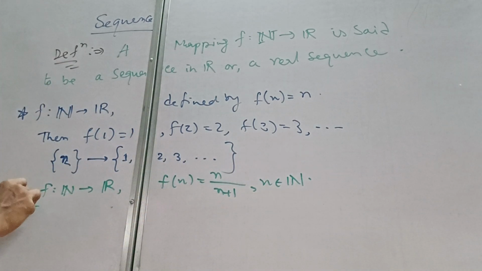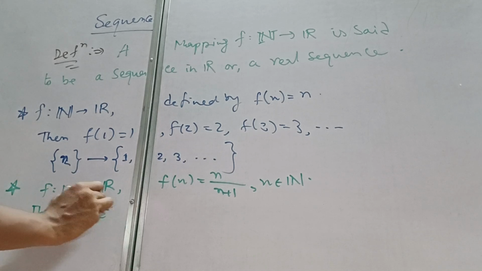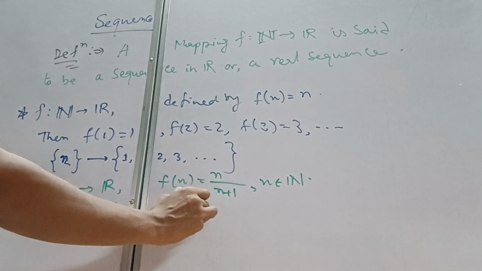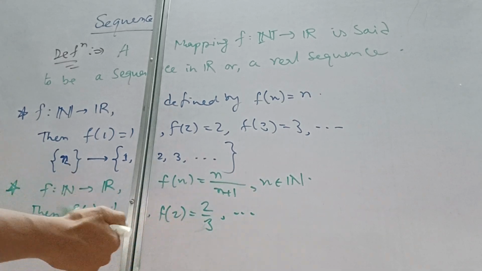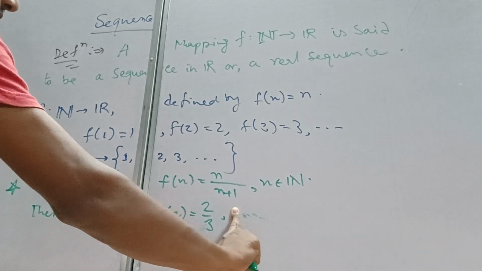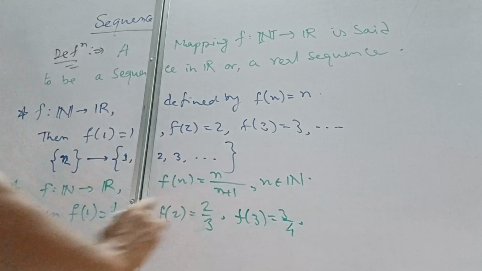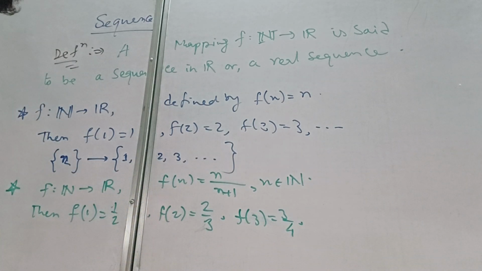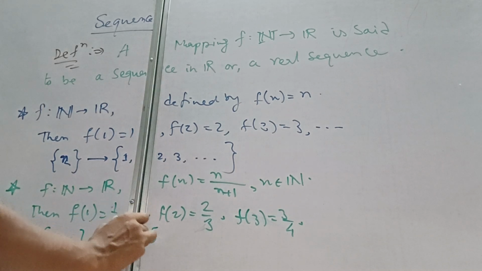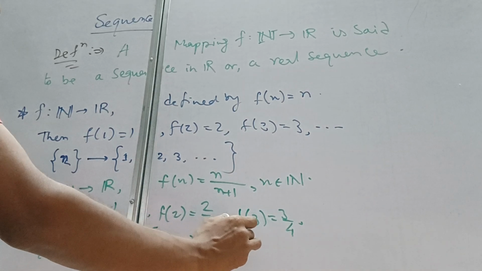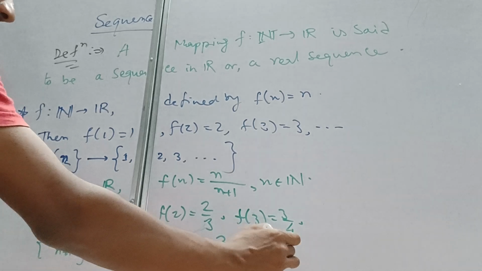Then f(1) equal to 1/2, f(2) equal to 2/3, dot dot dot, f(3) equal to 3/4, and then we also get one set of elements here, n by n plus 1: 1/2, 2/3, 3/4, 4/5, 5/6, dot dot dot.